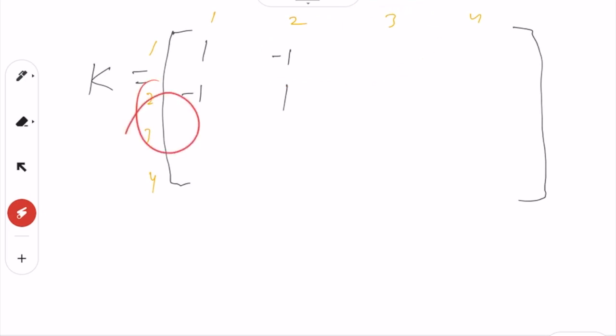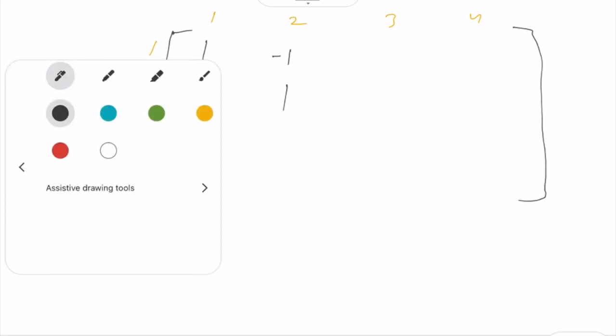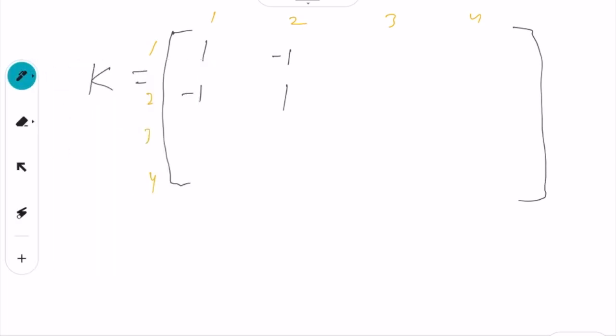Hence this is the location where we have to write this one. Let me write in blue color denoting the second element. So this is 1 plus half, minus half, minus half, half. This is coming from the second element.